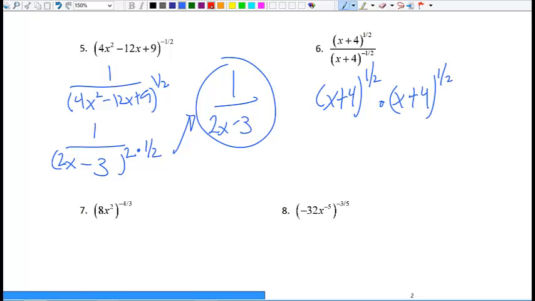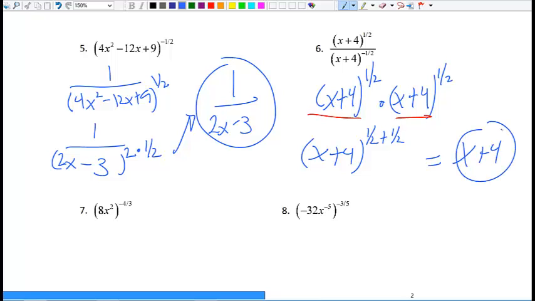Now, oddly enough, these two things are the same term. So if you multiply two of the same term, you're going to add the exponents. So this is really (x plus 4) to the 1/2 plus 1/2, because we're adding those two 1/2s together, and that just gives us x plus 4.